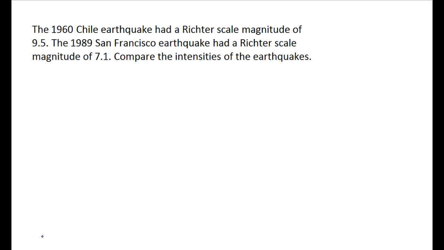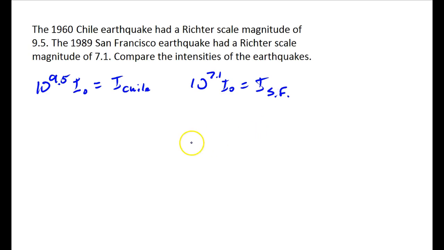All right, now let's compare two different earthquakes, the 1960 Chile earthquake with the 1989 San Francisco earthquake. Based on that previous example, we can do a shortcut and say that 10 raised to the 9.5 times I sub 0 is equal to the intensity of the Chile earthquake, and 10 raised to the 7.1 times I sub 0 is equal to the intensity of the San Francisco earthquake.